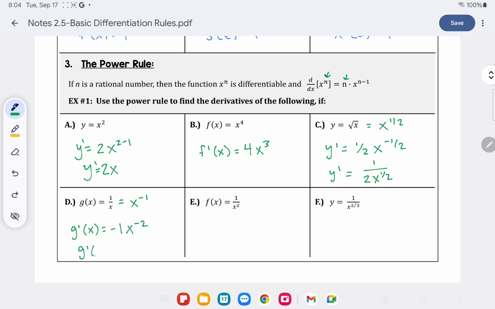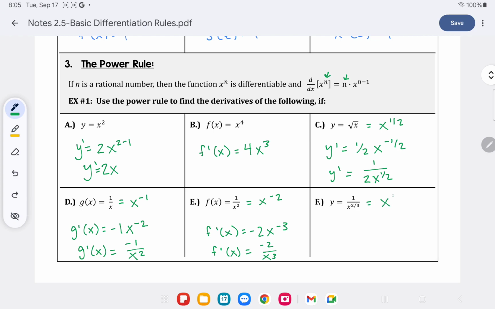And I can rewrite that as negative 1 over x squared. Similarly with E, I'm going to rewrite it as x to the negative second power. So the derivative of f is negative 2x to the negative third, or negative 2 over x cubed.